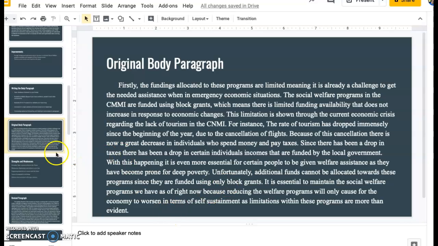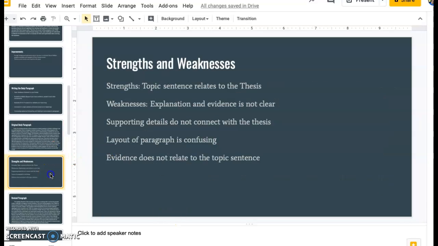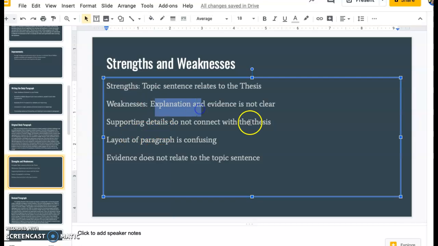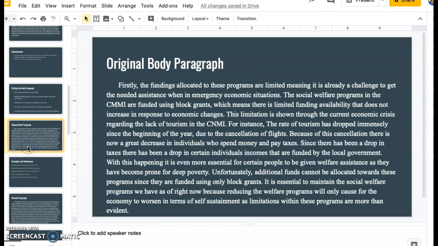So it is important that the direction is clear so that your audience understands what you're trying to say. So with that not being clear, your supporting details don't connect, then your layout becomes confusing and the evidence ultimately doesn't relate, as said before.